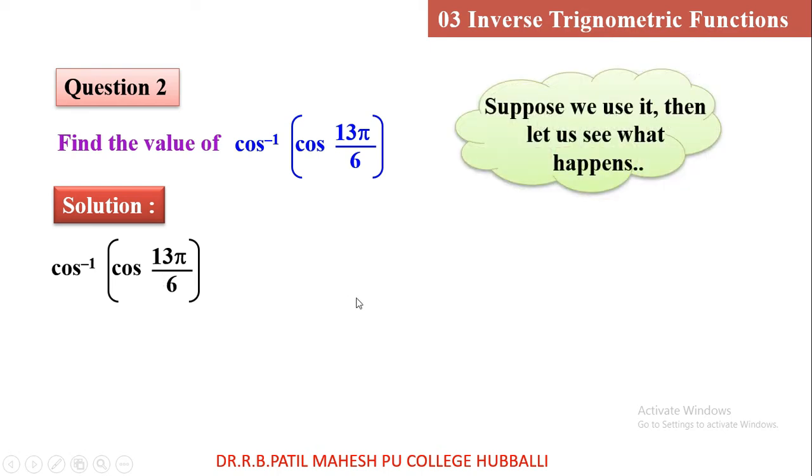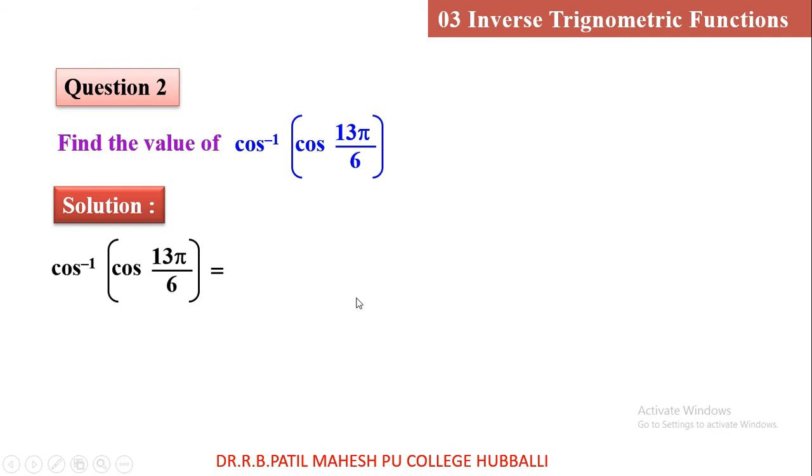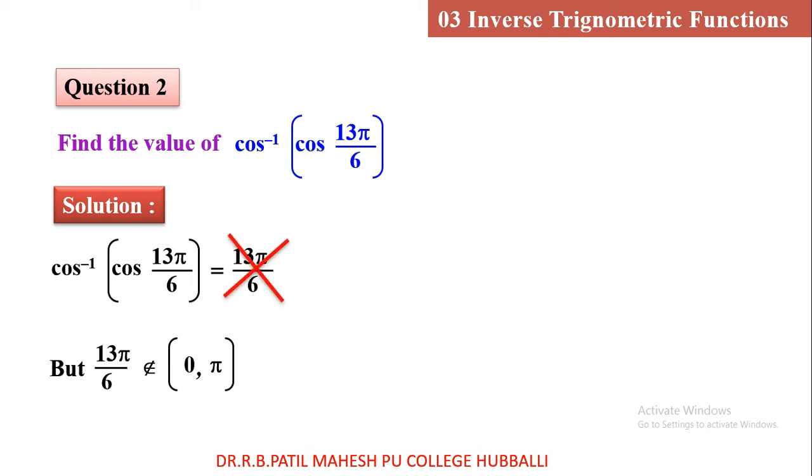Let us check what happens. 13 pi by 6 does not belong to the range of cos inverse. What is the range of cos inverse? The closed interval 0 comma pi. 13 pi by 6 does not belong to this, so you can't cancel cos inverse of cos and 13 pi by 6 is not the answer.